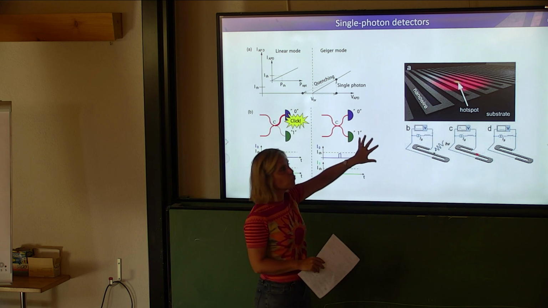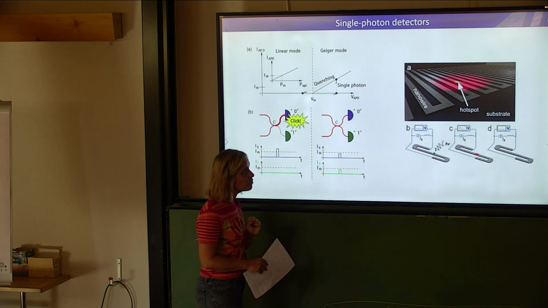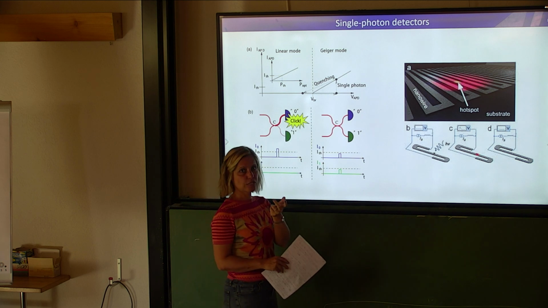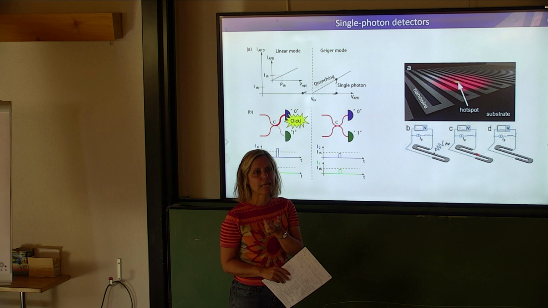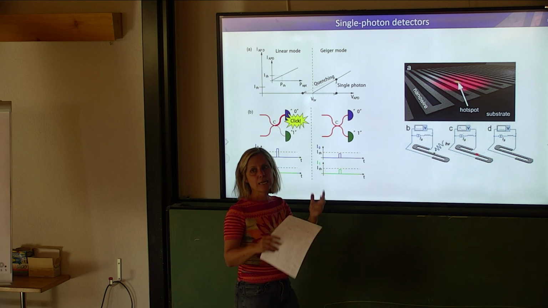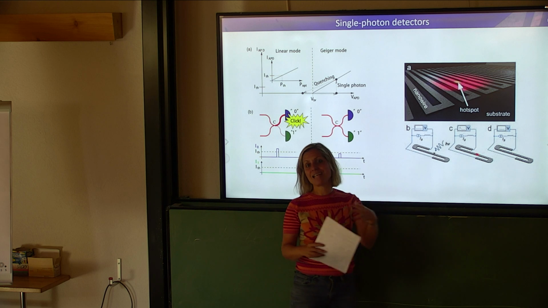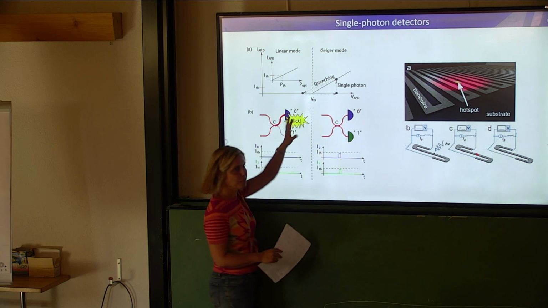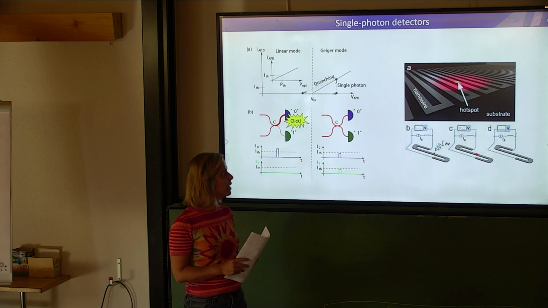And this is super efficient. We have record high efficiency in superconducting detectors, but it is a superconducting material for cryogenic temperatures, so sub-Kelvin temperatures, so you need cryostats to operate these devices. They are not as easy to use as these room temperature semiconductor avalanche photodiodes that are very widely used in QKD.